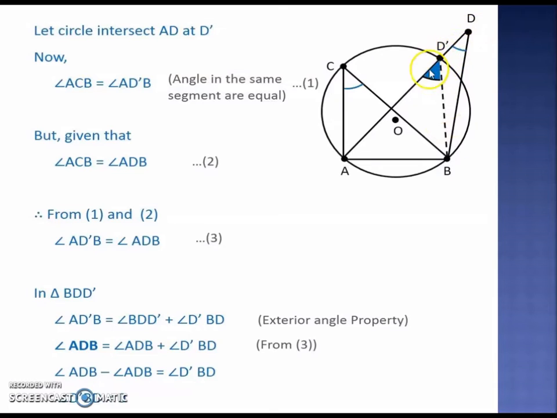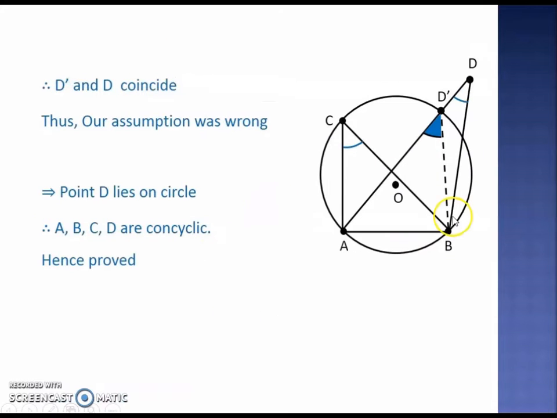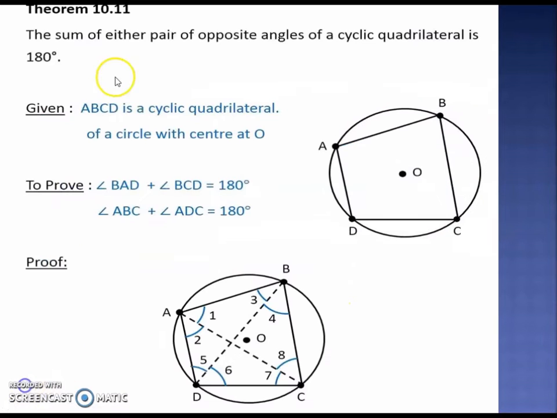These two lines are coinciding, overlapping lines. So D and D dash are the same point, and the circle must pass through these 4 points. So A, B, C, D all are concyclic, all lie on the same circle.